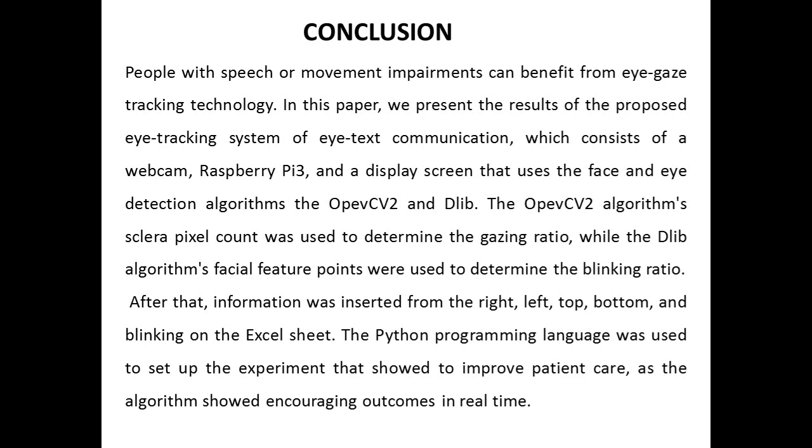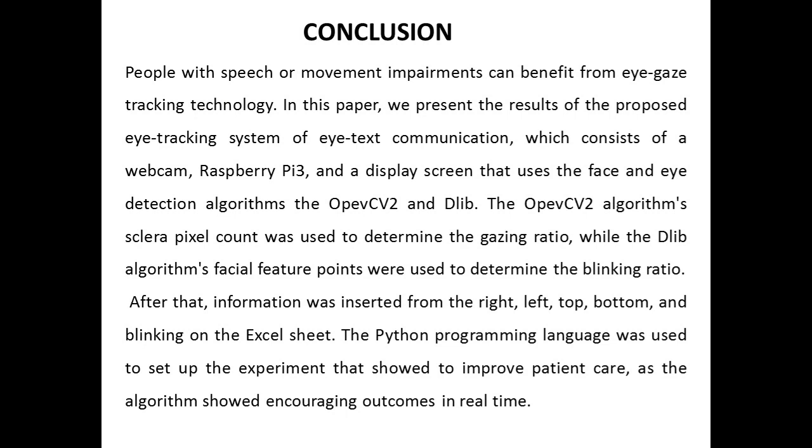Conclusion: people with speech or movement impairments can benefit from eye gaze tracking technology. In this paper, we present the results of the proposed eye tracking system for eye-to-text communication, which consists of a camera, Raspberry Pi 3, and display screen that use the face and eye detection algorithms of OpenCV and DLib.